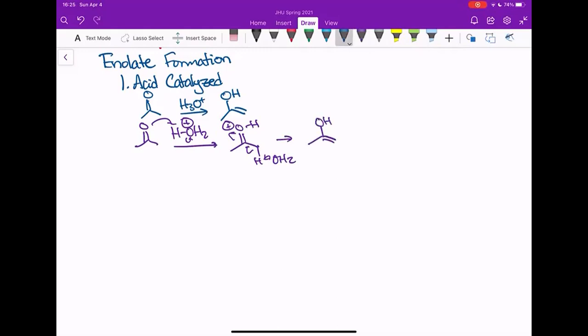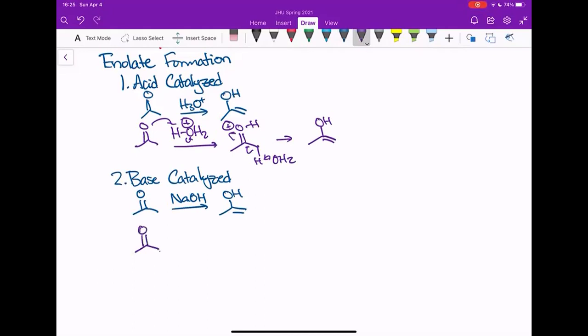Okay. And then the other option is to do base catalyzed. So very similar as well. Just go ahead and use a base instead to get your same product. But in this case, you'll go ahead and grab that alpha proton first.